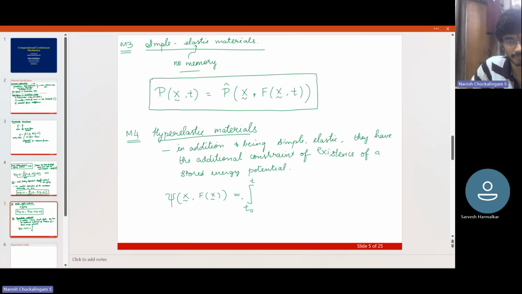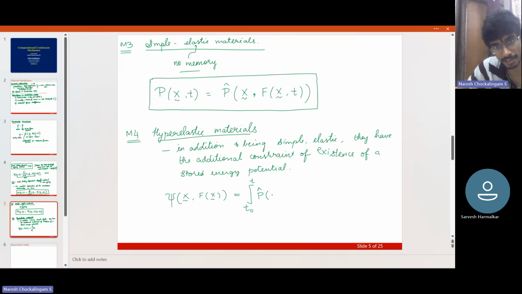I should put a cap. You can use any work conjugate pair here. So you can either use the first Piola-Kirchhoff stress tensor and the deformation gradient, the second Piola-Kirchhoff stress tensor and the Green-Lagrange strain tensor, or the Cauchy stress tensor and the rate of deformation tensor. So let's use the first Piola-Kirchhoff stress tensor.